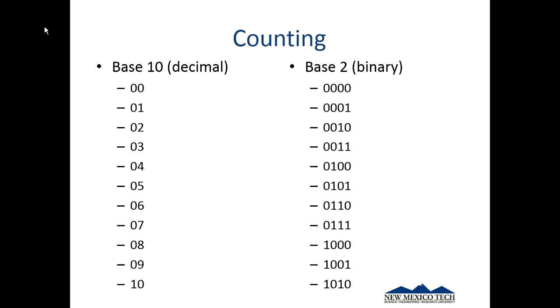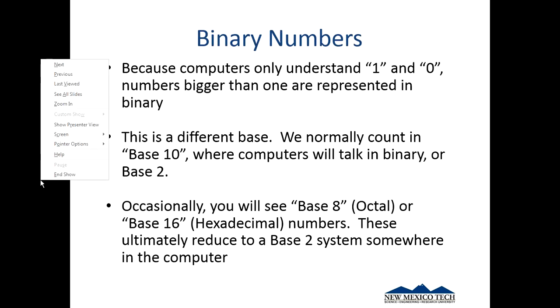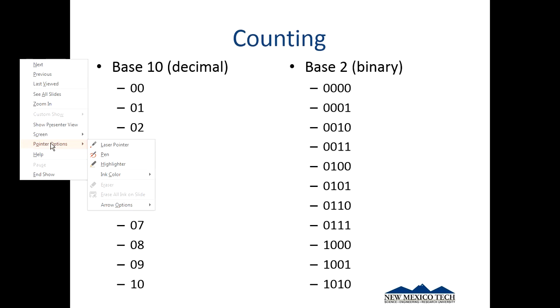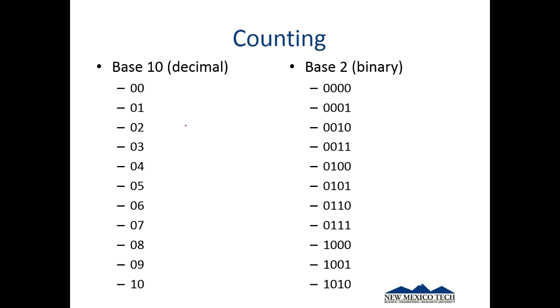So first thing I really want to get clear with everybody is how to deal with binary. And why I have this is, if we think back to when we were learning to count, we probably didn't start learning to count with 0, but if we had, I'm going to switch over to a pen here.